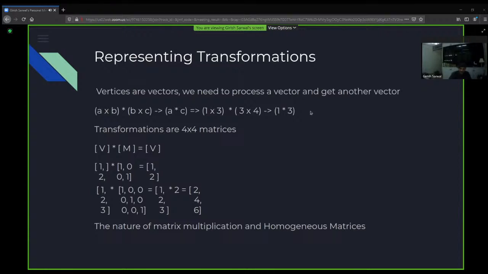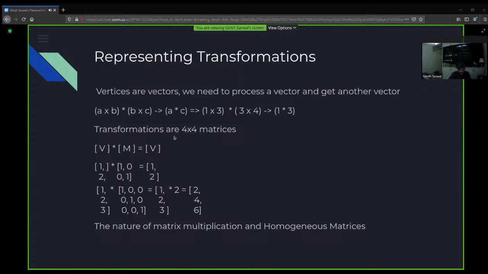If you go back to mathematics, we realize that there is a construct called a matrix which allows us to do this. The way it works is that if there is a matrix of size A into B, and it is multiplied with a matrix of size B into C, we get a final matrix of size A into C. So imagine that our vector was XYZ, which is a 3x1 vector, or if you look at it in a column format.